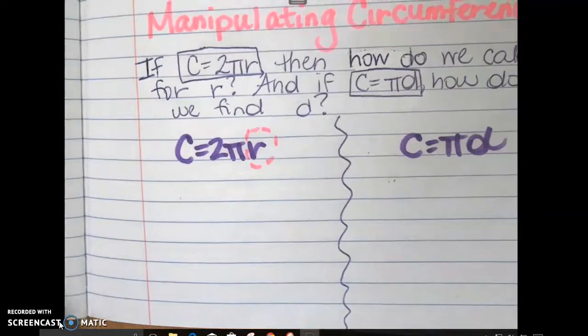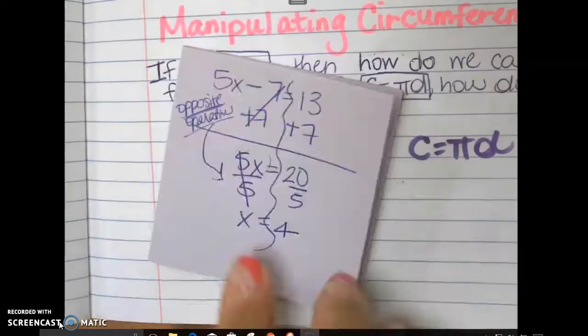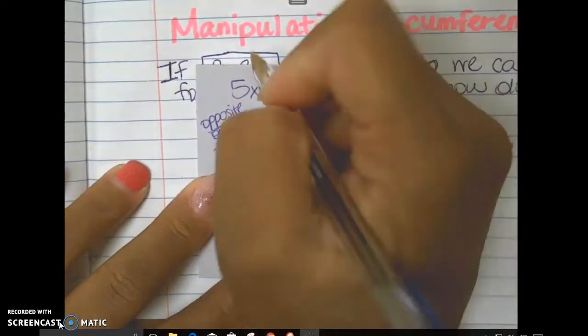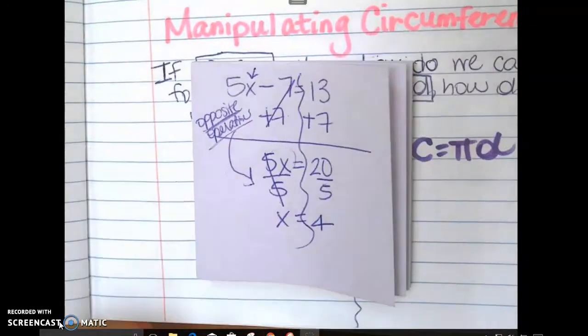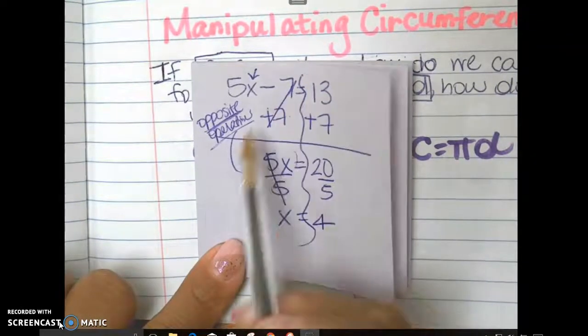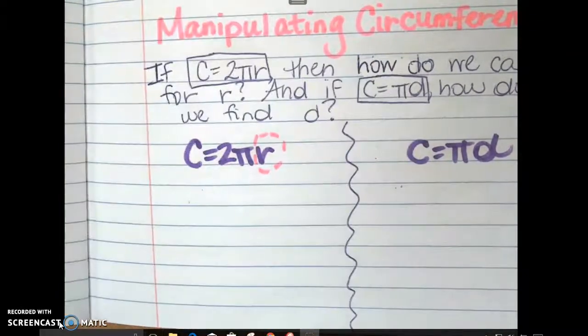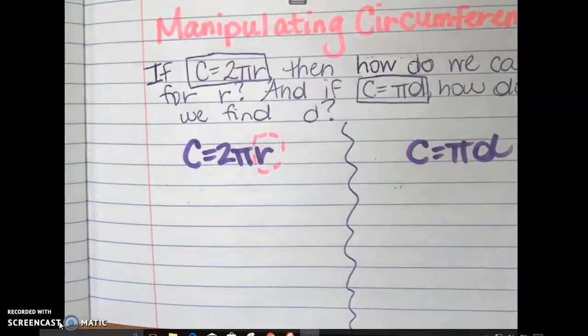What did I do on that solving equations one? I want to get X by itself. So, on the outside, I'm going to divide on both sides. But what am I dividing? 2 and pi.